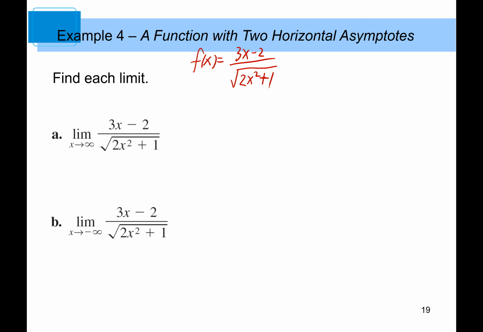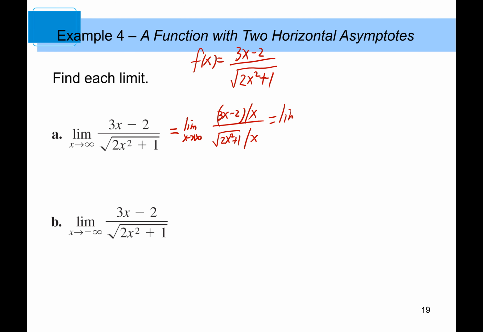And now we want to take a look at the horizontal asymptote. When x approaches positive infinity, what we do is we divide the numerator by x, and we also divide the denominator by x.